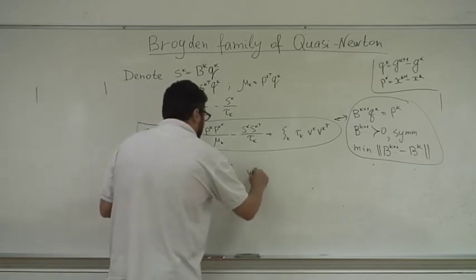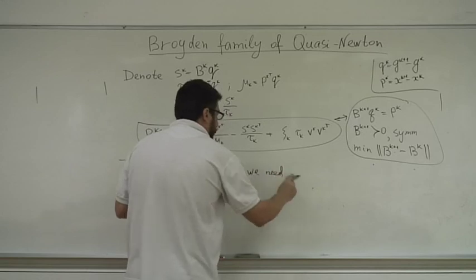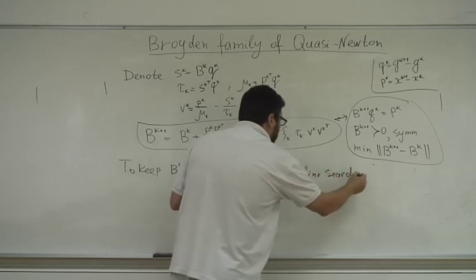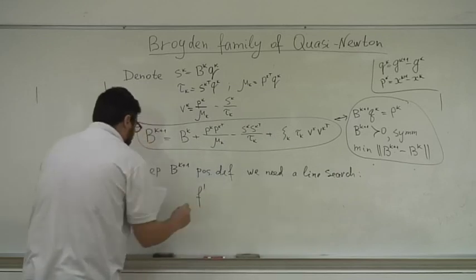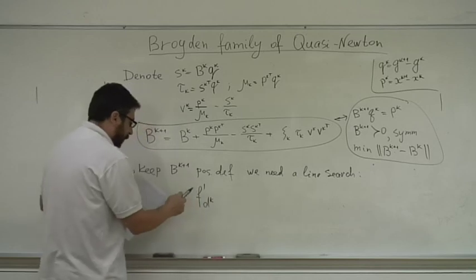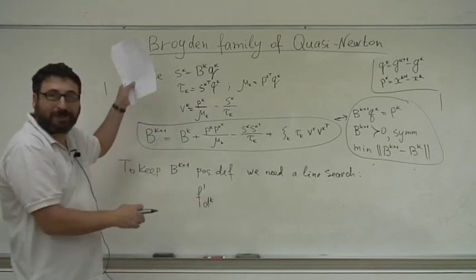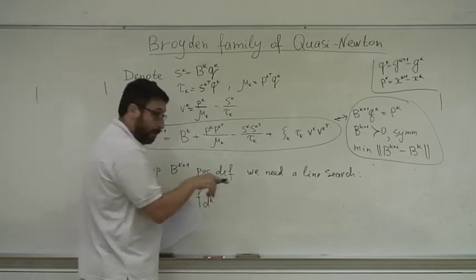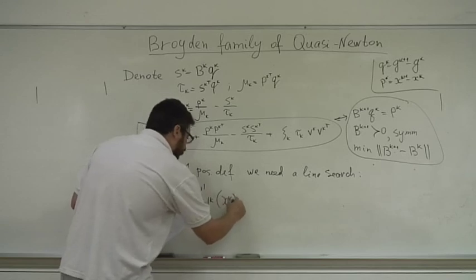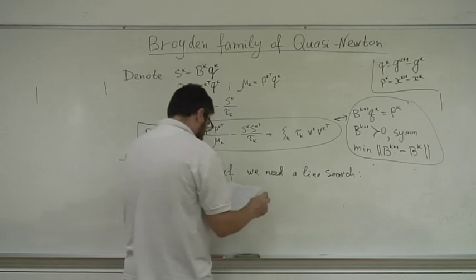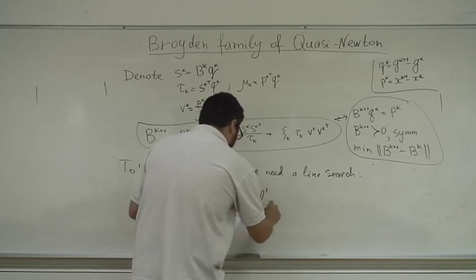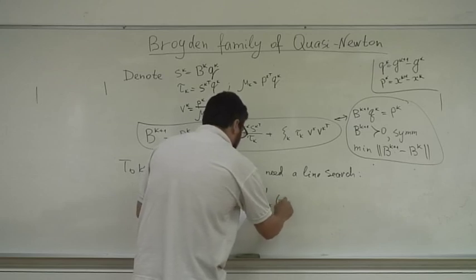We need line search. f prime d_k, the directional derivative of our objective function in the previous direction before we did this computation, in the starting point of line search, should be less than f prime d_k at x_{k+1}.